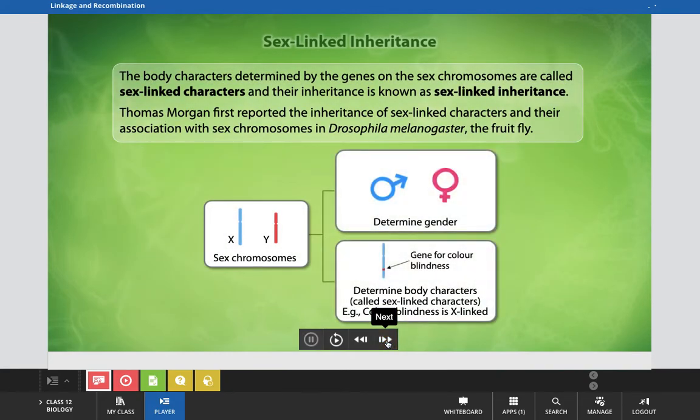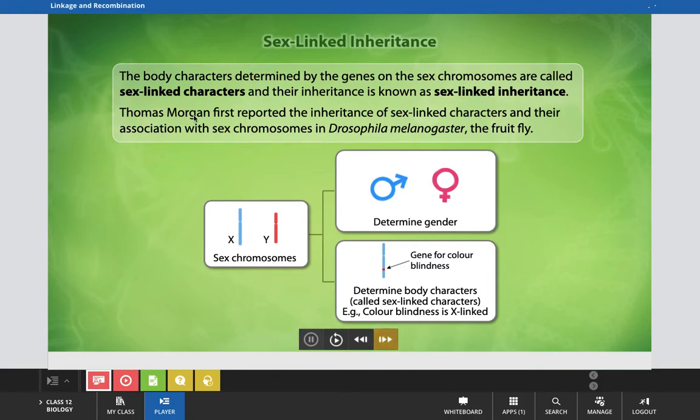Now in this slide you will be able to understand sex-linked inheritance. As its name suggests, the body characters which are determined by the genes on the sex chromosomes are called sex-linked characters, and their inheritance, or transfer, from one generation to another, or from parents to their children, is known as sex-linked inheritance.